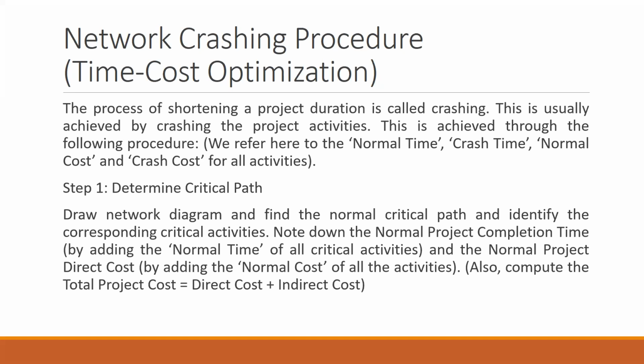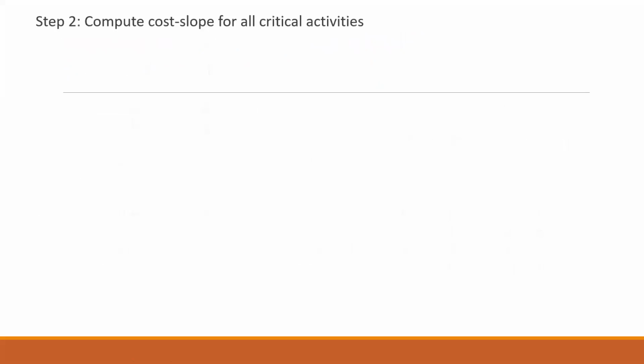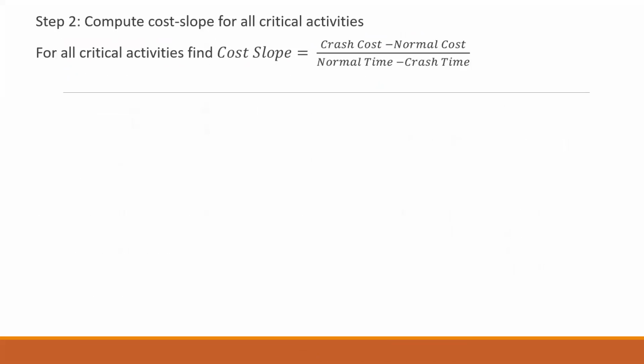Okay. The second step is to compute the cost slope for all the critical activities. There's a formula involved while calculating the cost slope for the critical activities, which is given by crash cost minus normal cost, divided by normal time minus crash time.